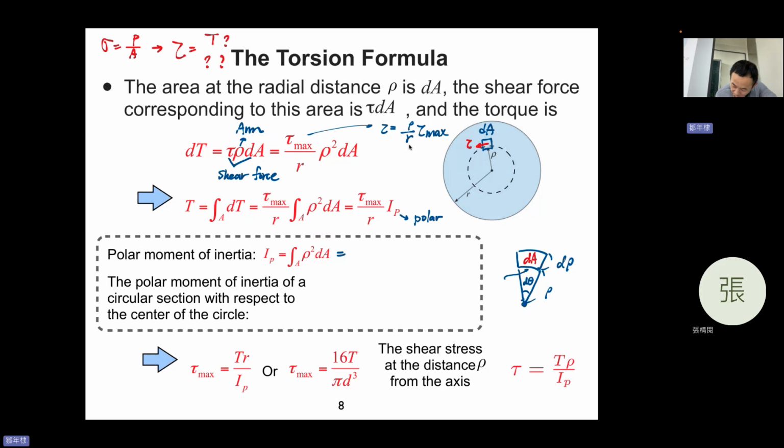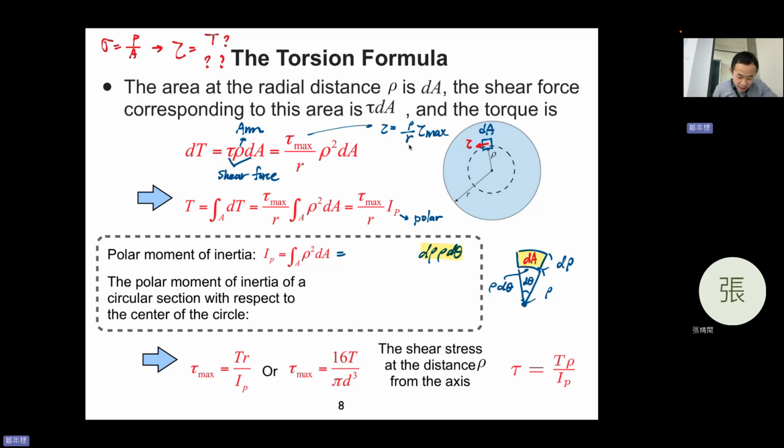This length is rho d theta. So your dA equals d rho times rho d theta. So this is your dA.